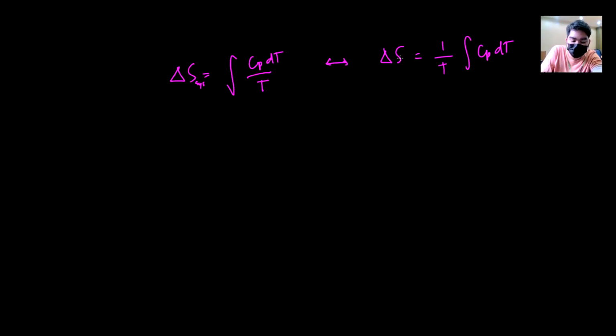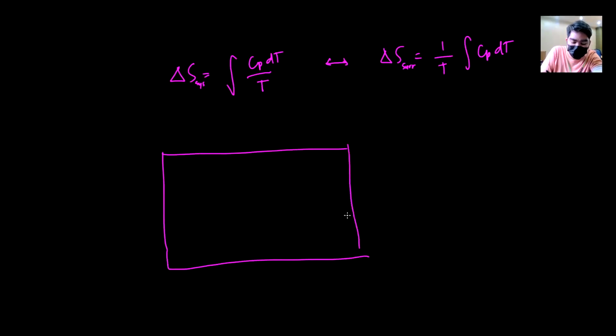Whereas the delta S where the 1 over T is outside is what we call the delta S for the surroundings. Usually the assumption here is that we have a chamber, or a surroundings, and a common example is a reservoir.